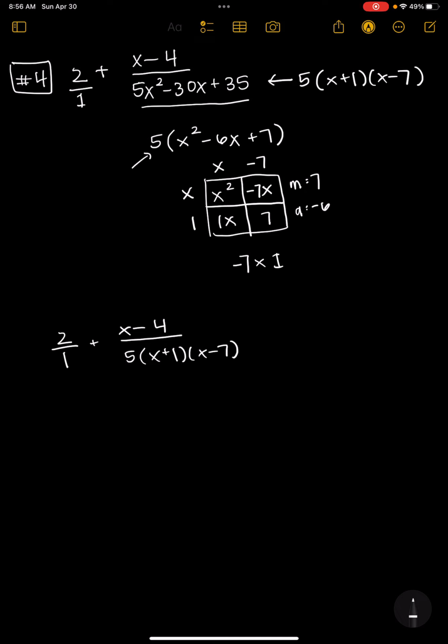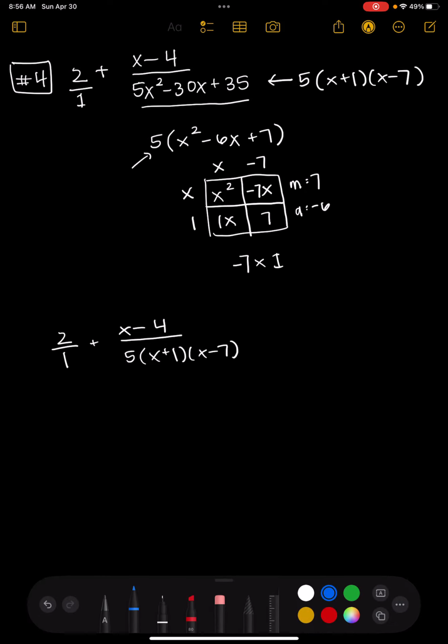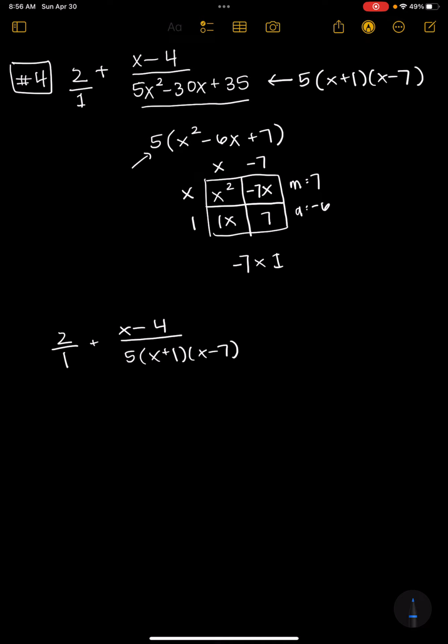I'm going to multiply the top and the bottom by 5 times x plus 1, x minus 7. But remember, I have to do it to the top and the bottom, because what I do to the bottom, I have to do to the top, to get them to have common denominators.